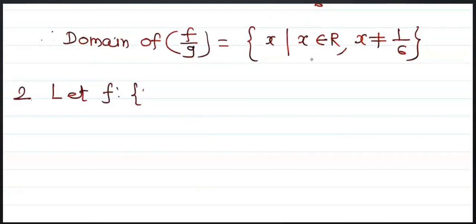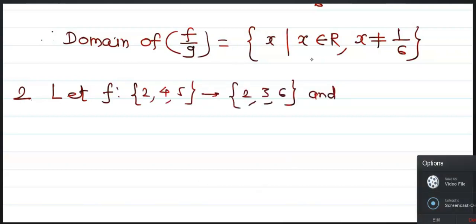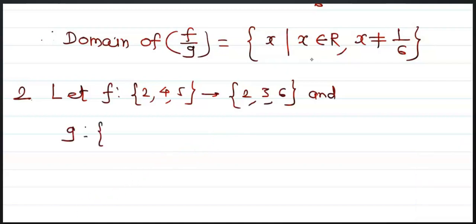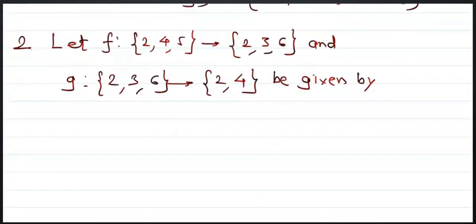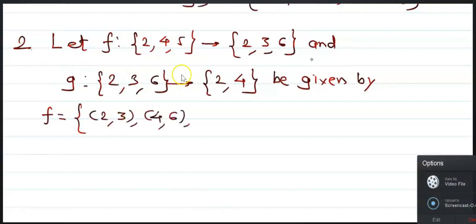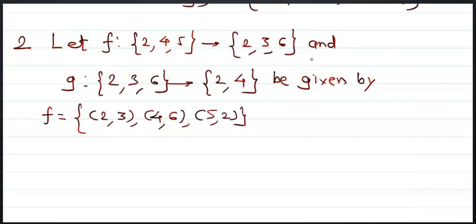Number 2. Let f be a function from {2, 4, 5} to {2, 3, 6}, and g be a function defined from {2, 3, 6} to {2, 4}, given by f: the image of 2 is 3, the image of 4 is 6, the image of 5 is 2.